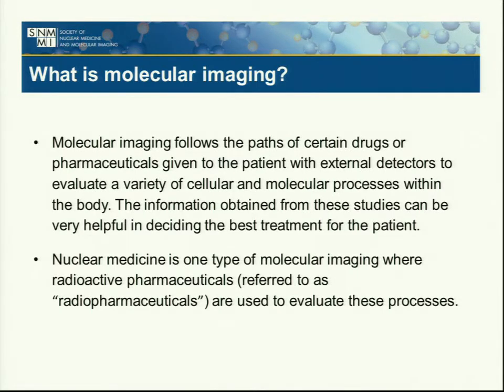Maybe we're measuring how well the kidneys work, or how well the brain works, and then imaging that molecular or cellular pathway. So what we're imaging is really how the body or a part of the body works more than what it looks like. And so that's how it's perhaps different than other parts of radiology. And I'll tell you why that's important in a minute.